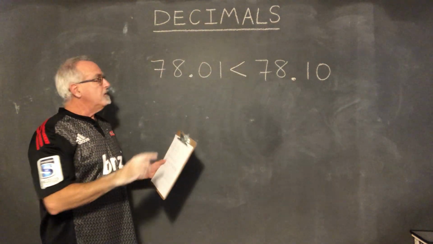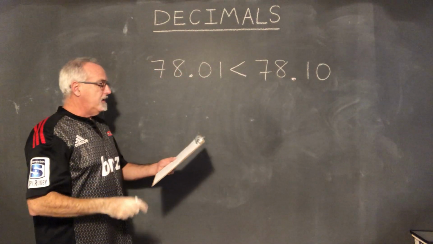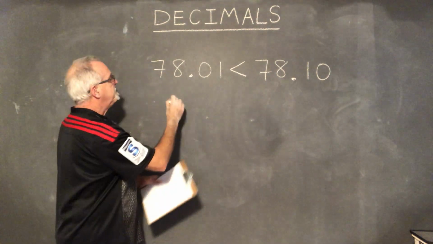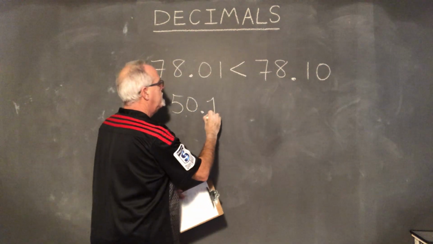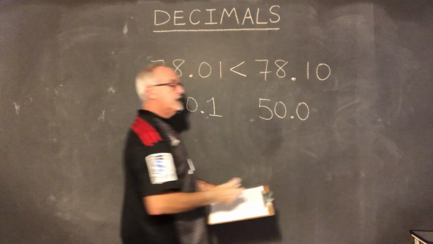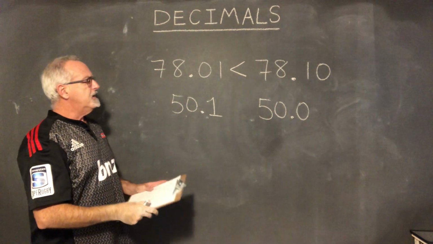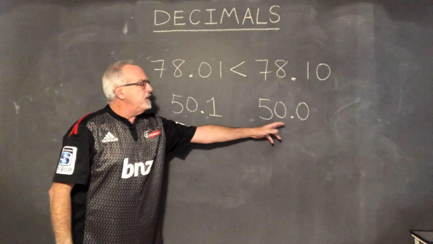I have to watch out because it's easy to get mixed up, and that's why we're throwing in these examples that have zeros. How about 50.1 and 50.0? So all he's really doing in this little exercise is reviewing this idea of where are the zeros and what do they mean. 50.0 means 50.